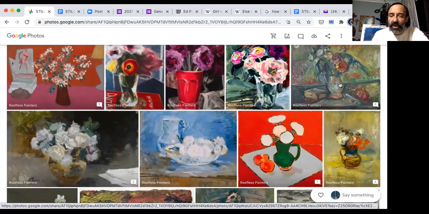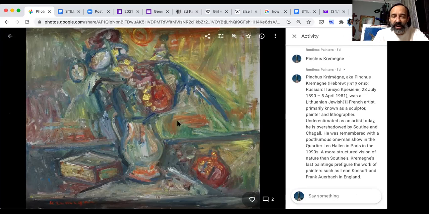The grouping right here touches on the visual plane. The objects are not touching each other. There's a space between them. There's nothing hiding. So there's a little bit of balance.